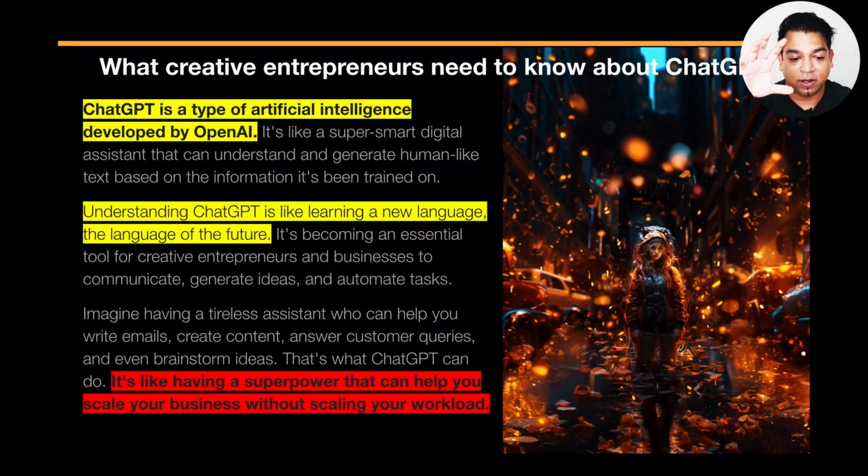ChatGPT is a type of artificial intelligence developed by OpenAI. OpenAI is the company and ChatGPT is the product, the application that is built by OpenAI.